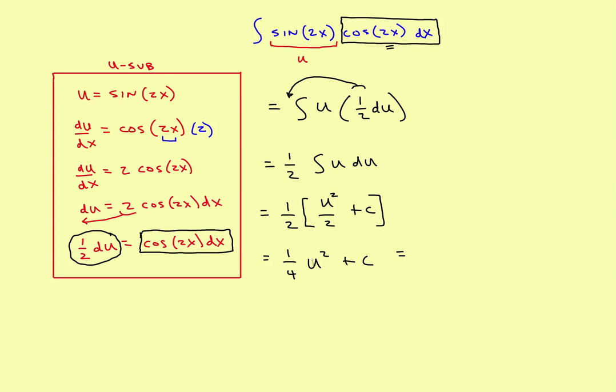And my last step is to replace u with what it's equal to. Well, u is equal to the sine of 2x, so the final answer would be 1/4 of the sine of 2x, and the whole thing will be squared, plus c. And it looks like this.